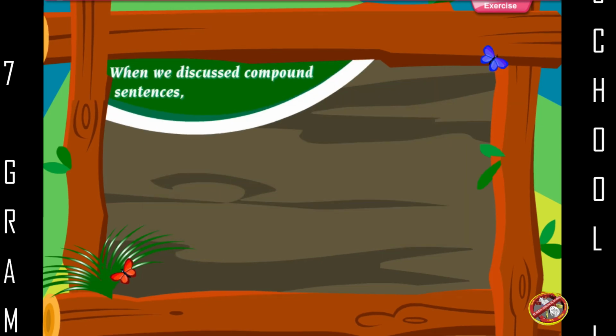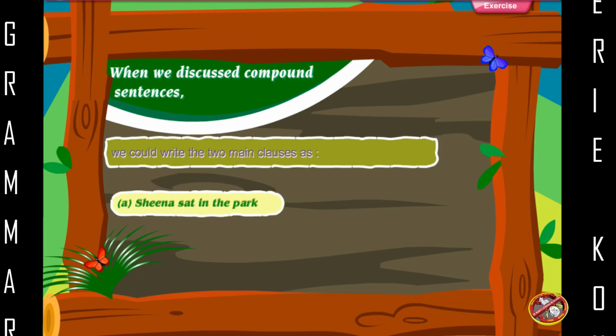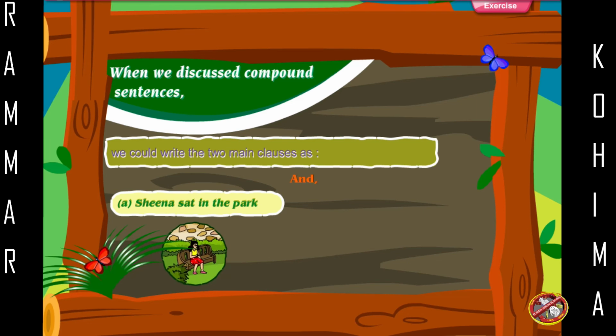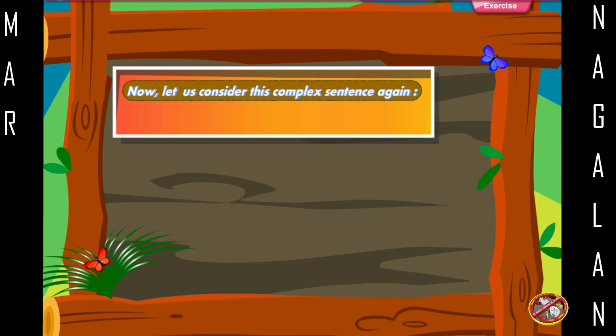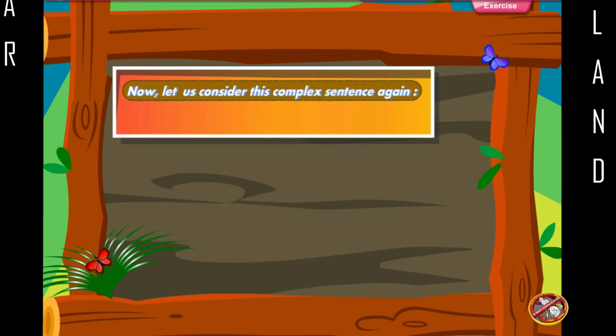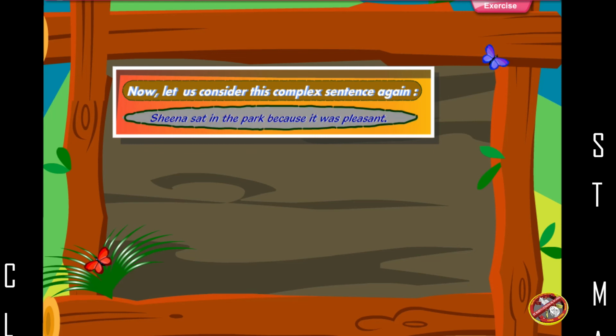When we discussed compound sentences, we could write the two main clauses as Sheena sat in the park and the children played on the swings. Now let us consider this complex sentence again. Sheena sat in the park because it was pleasant.